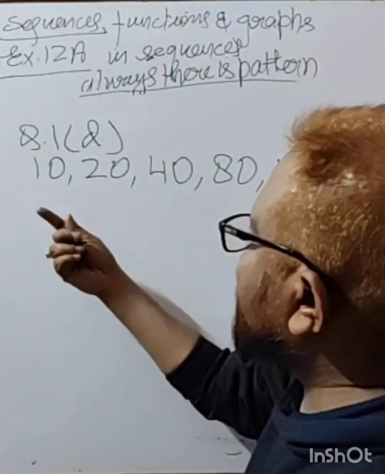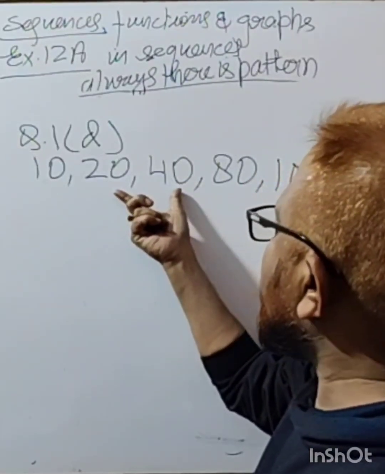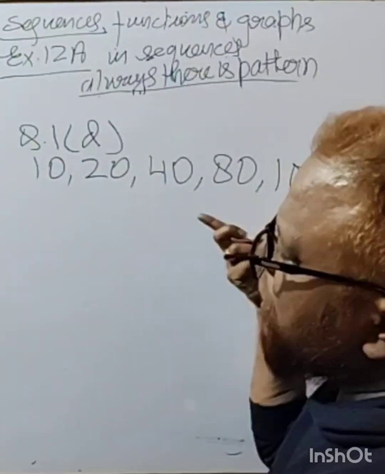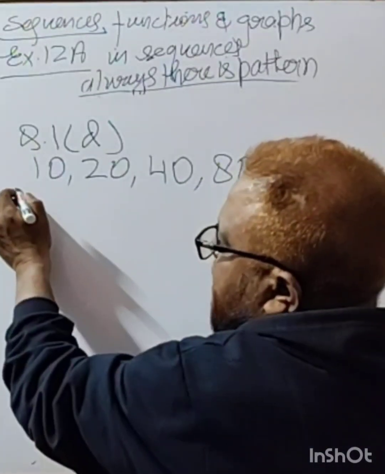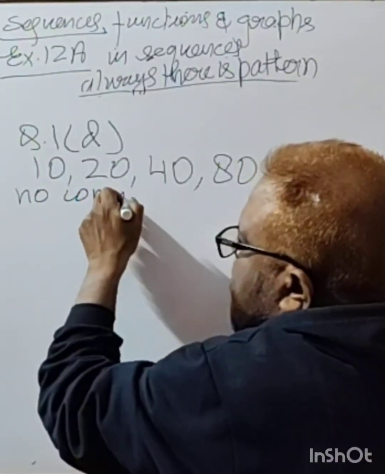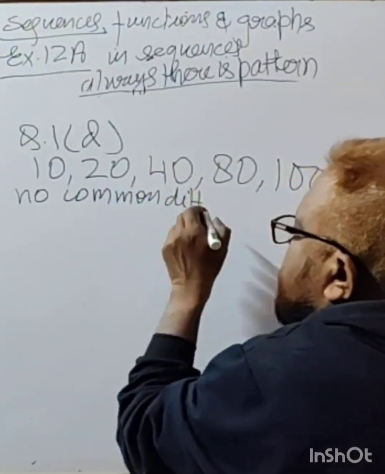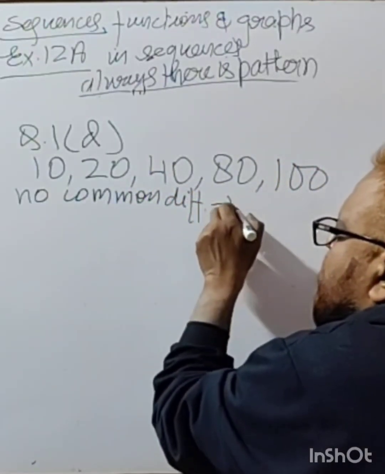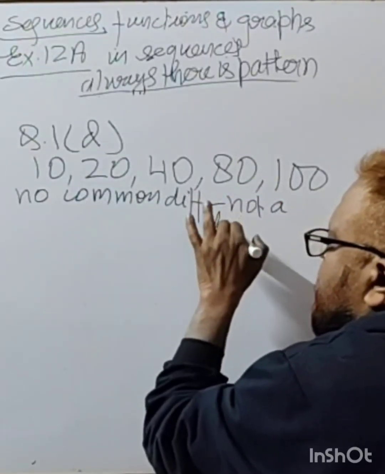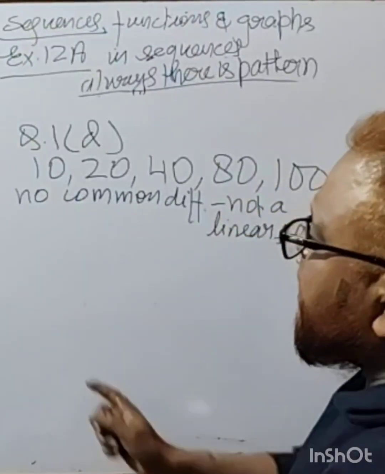So there is a difference of 10, here is a difference of 20, here is 40, here is 20 again. So there is no common difference. So not a linear sequence.